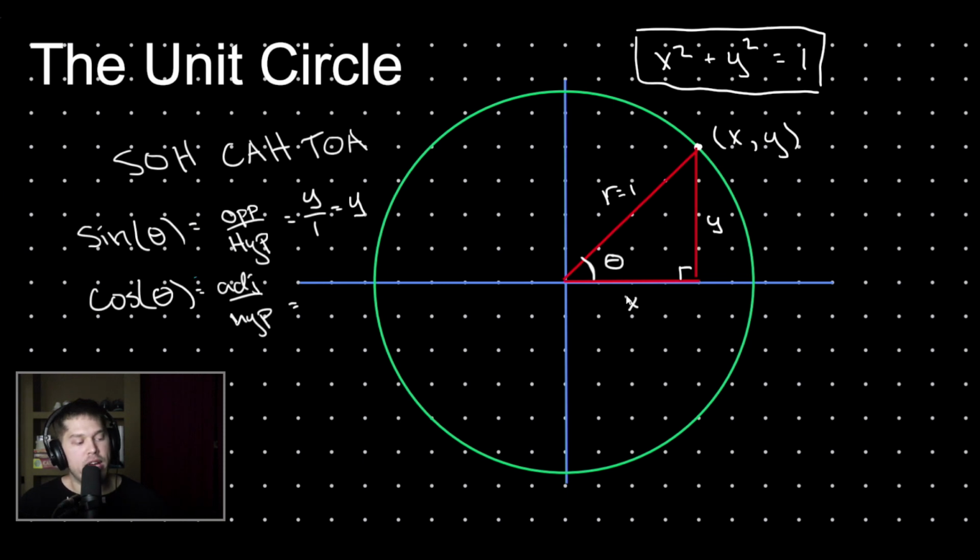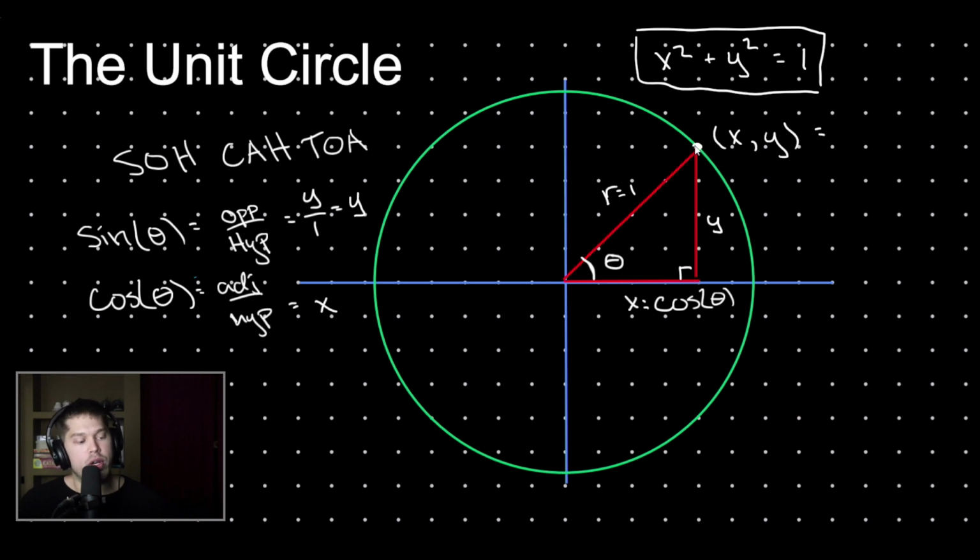Well, it's going to be equal to x over 1, which is just x. Therefore, you can think of the x value of the unit circle to be cosine theta, and you can think of the y value of our unit circle to be sine theta.